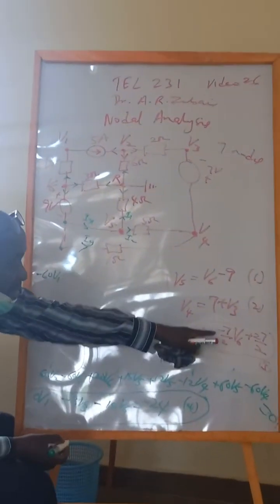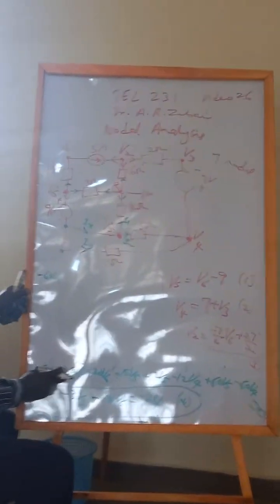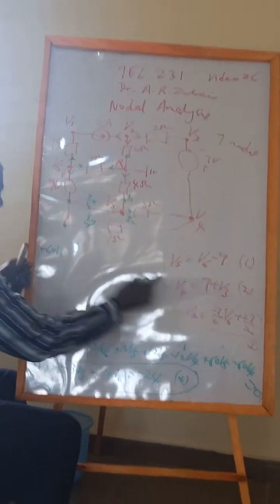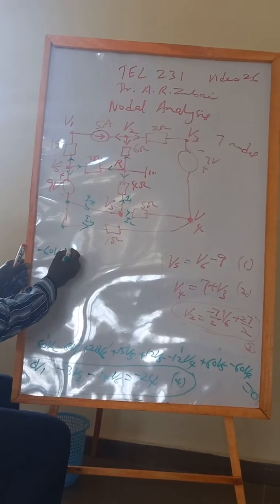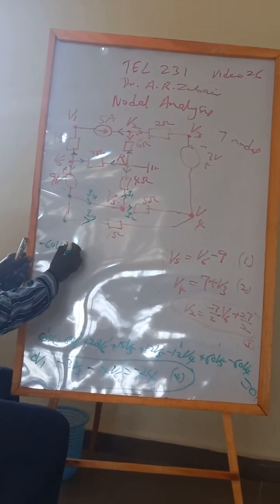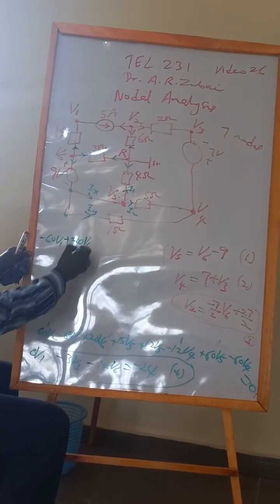So that will be like multiply by 30. It is minus, so this one becomes plus. Plus 30 times 7, that's 210. V6, right?